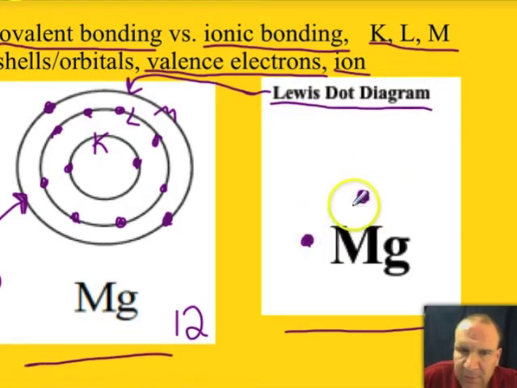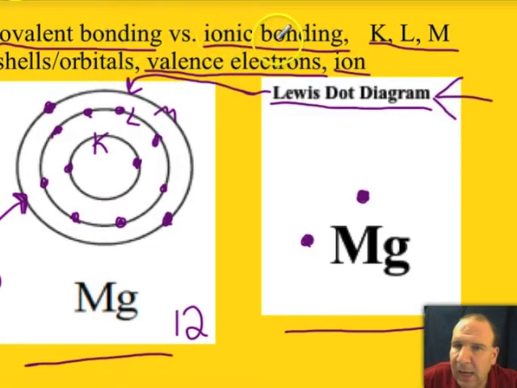Because it has 2 dots, it has 2 valence electrons. And knowing the Lewis dot diagram actually helps you when you are trying to figure out if it's an ionic bond or a covalent bond and how they share electrons. So make sure you can do this on the test. Come and get help from me early if you're having trouble with this. I'll run you through, I'll give you a couple more examples, and we'll see how you do on them.